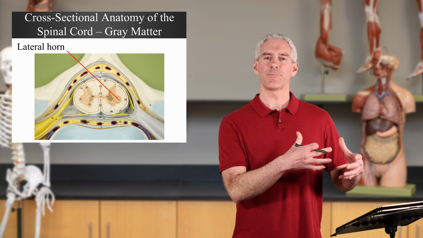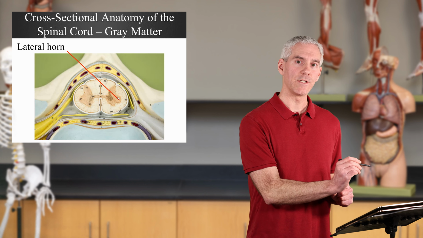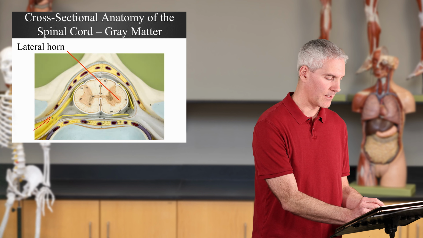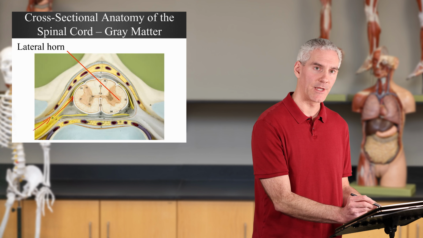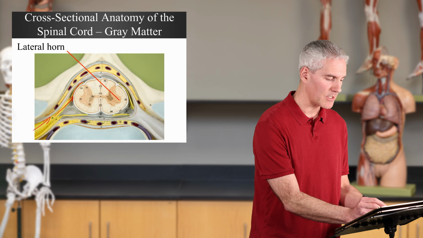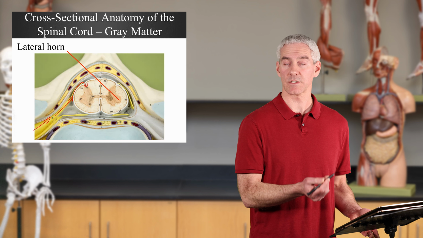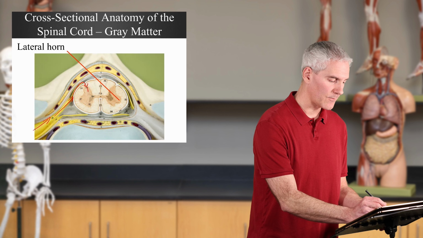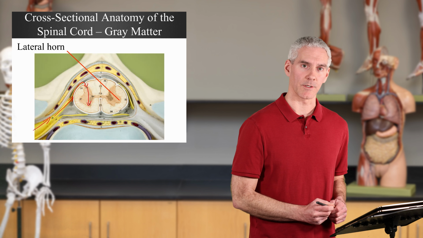So now let's look at the information flow for a second. We know that the dorsal root ganglion is sending information in. The dorsal root is sending information in. That information comes in to the dorsal horn. From the dorsal horn, information will flow across to the ventral horn.